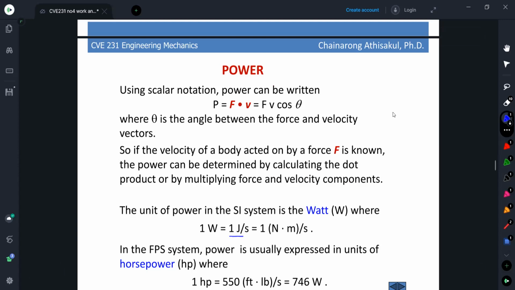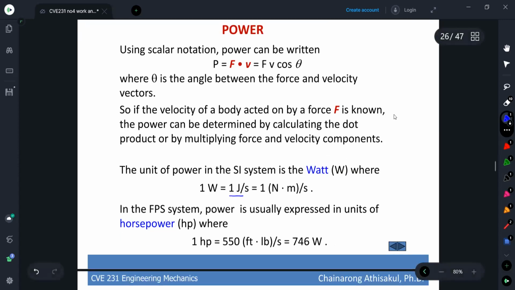In the US customary system, or FPS system, power is usually expressed in terms of horsepower. That is, 1 horsepower is equal to 550 foot-pounds per second, or 746 watts.